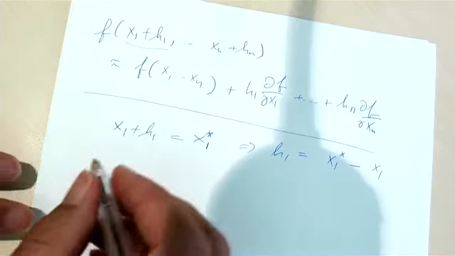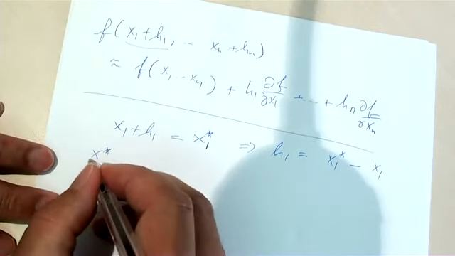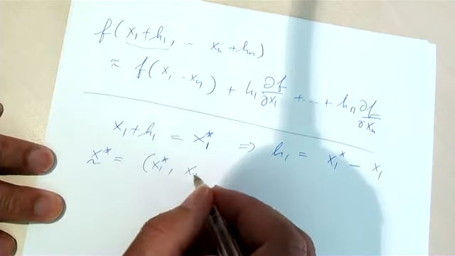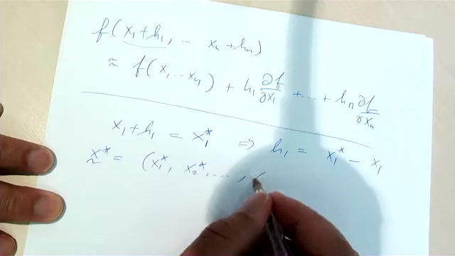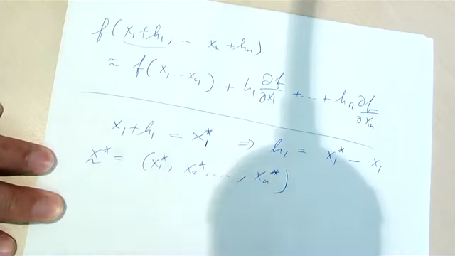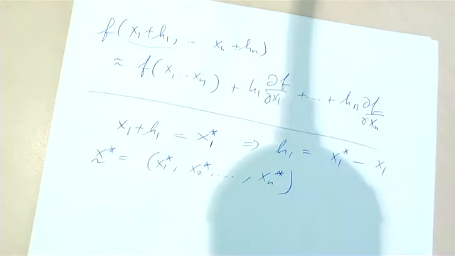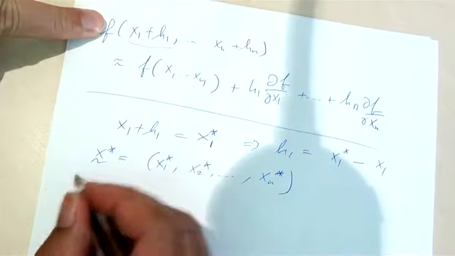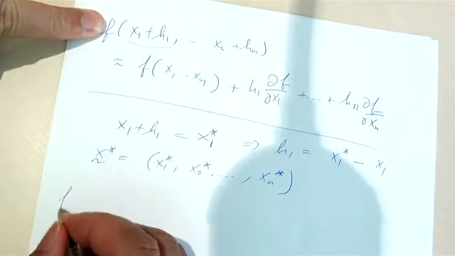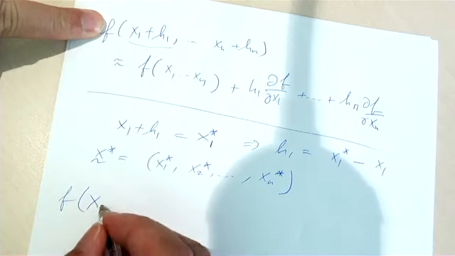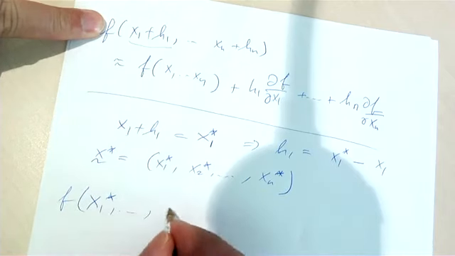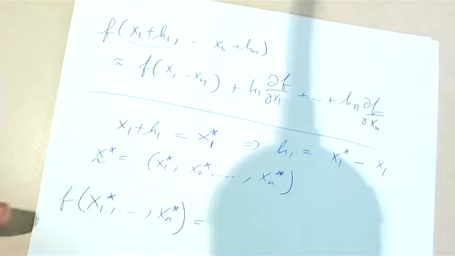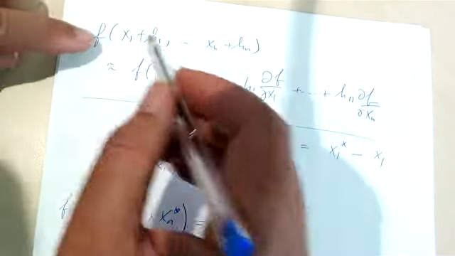Remember x star is a vector, x1 star, x2 star up to xn star. So now I plug it in here, and I have f of x1 star up to xn star.